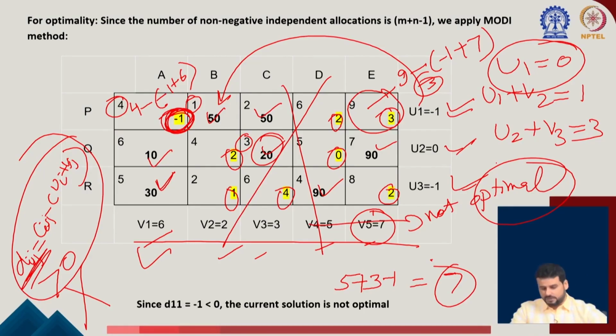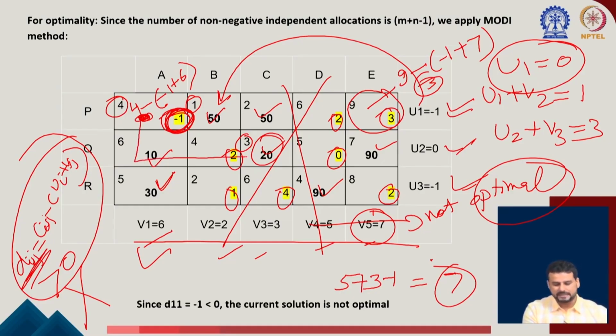What is the meaning that this solution is not optimal, that we are getting a negative value? That means right now there is no allocation into this cell. If we allocate into this cell, then the cost can be reduced. So how many units can we allocate into this? That we need to decide. The step is we need to start from this cell.